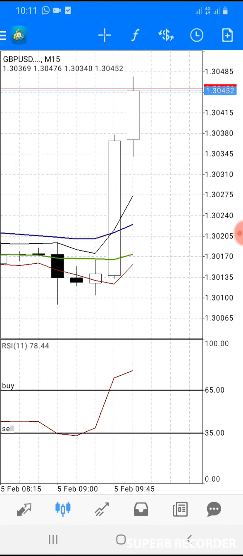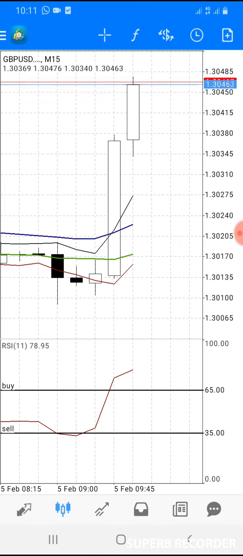So when do you buy when you have something like this? I was opening GU, which is the Great British Pound and the US dollar.